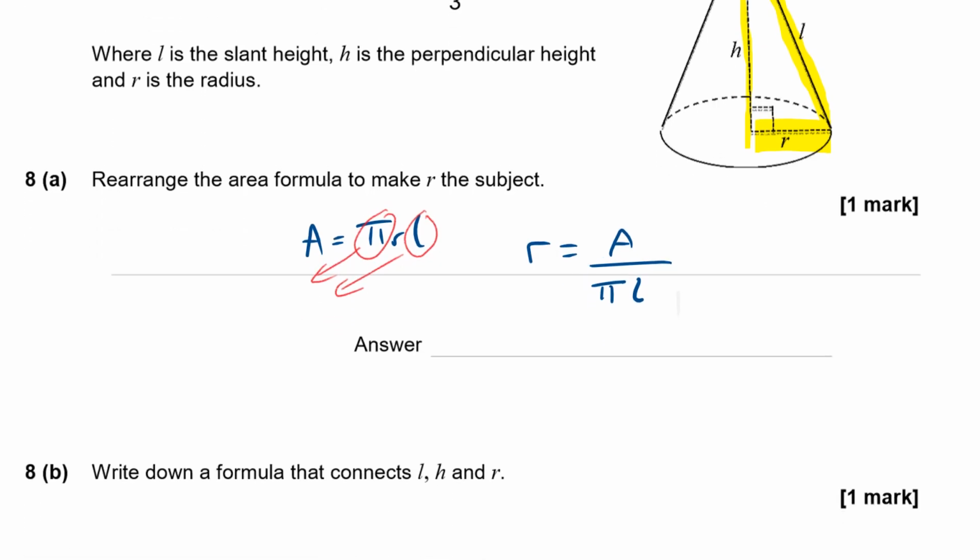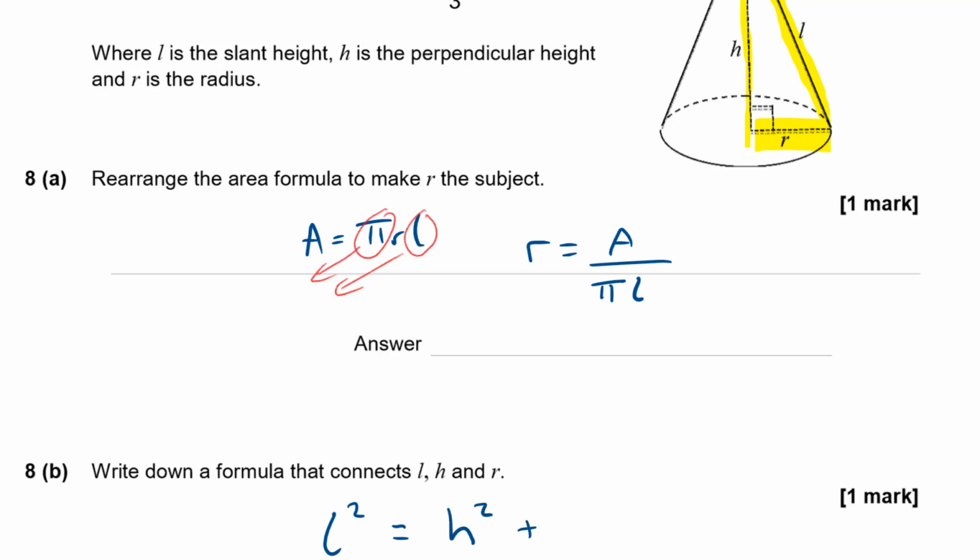So that means I can say that L squared, the long side of my triangle, the hypotenuse, is equal to the other two sides squared and added together. That's going to be h squared plus r squared. So now I've got a formula that connects L, H and R together.